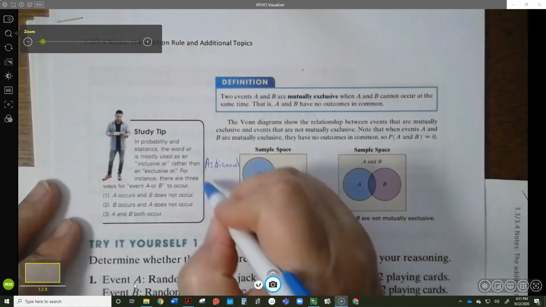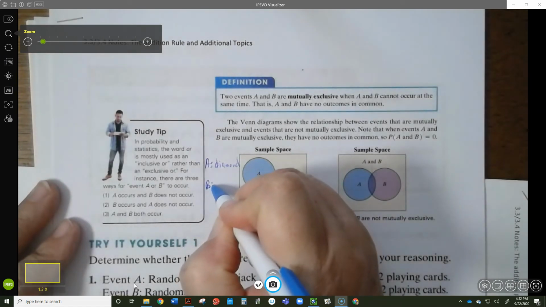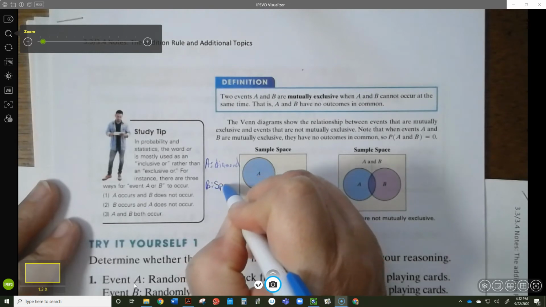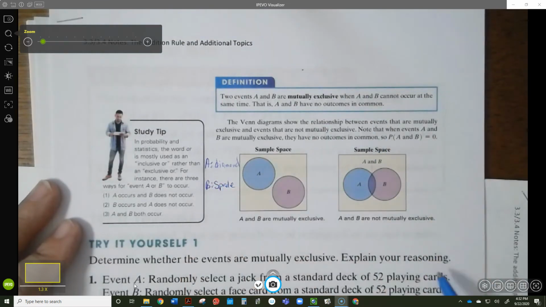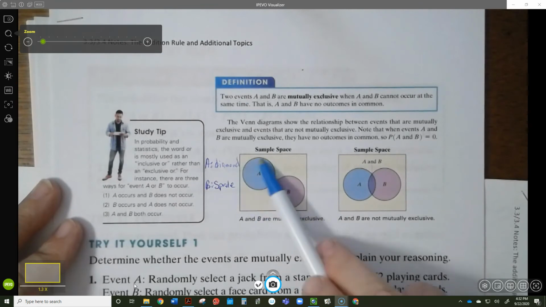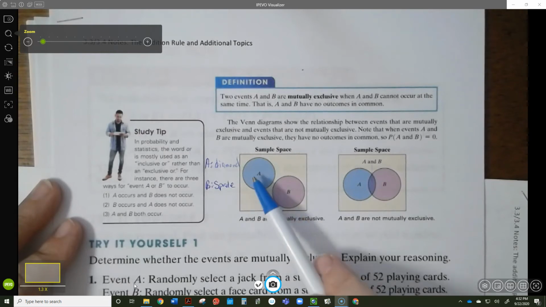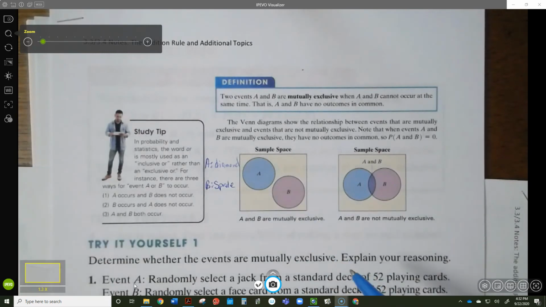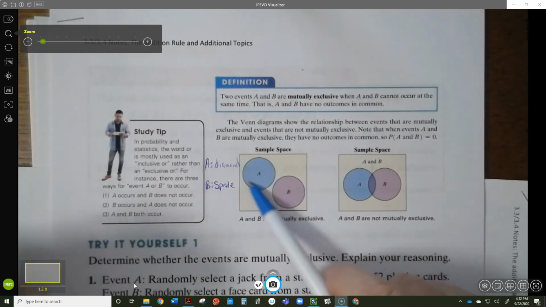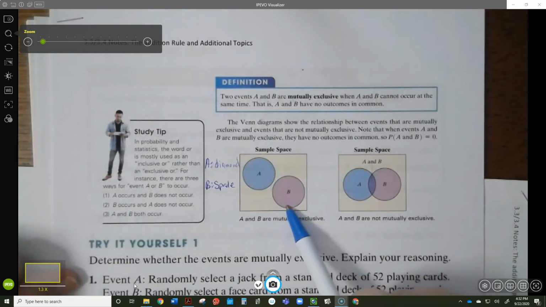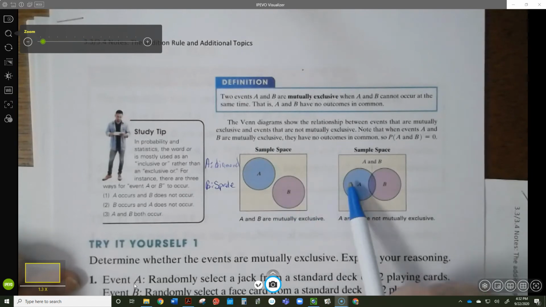Group B right here is everything that is a spade. If you have a deck of cards, and in this group you put all of the diamonds, and in this group you put all of the spades, those two groups will never intersect. Because if you're a diamond, you cannot be a spade at the same time. They're two completely separate groups.